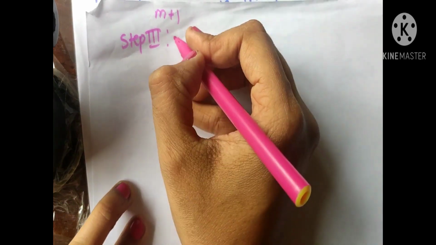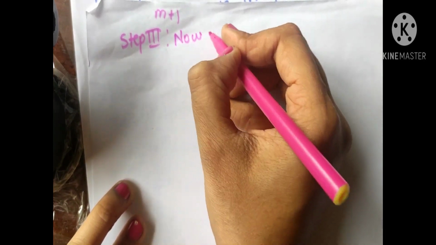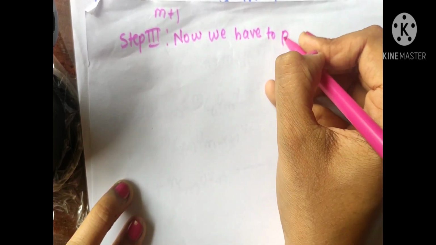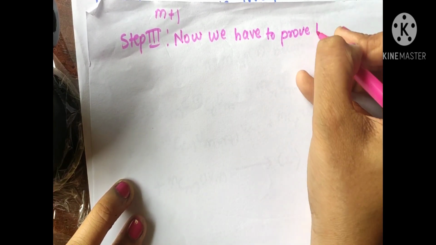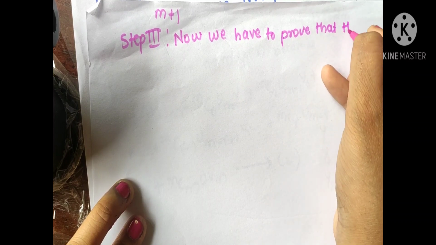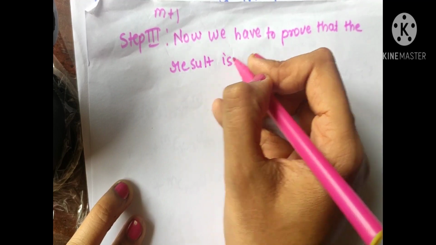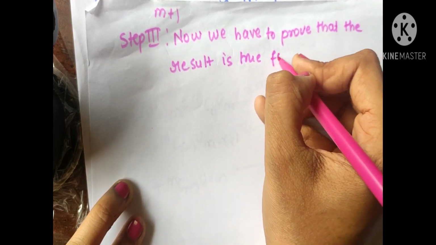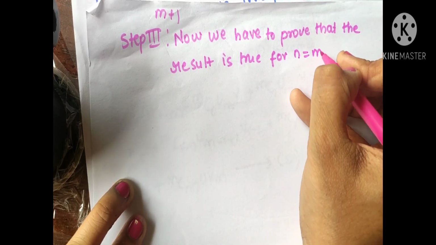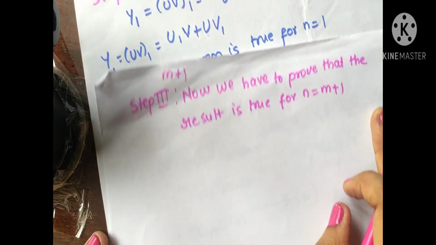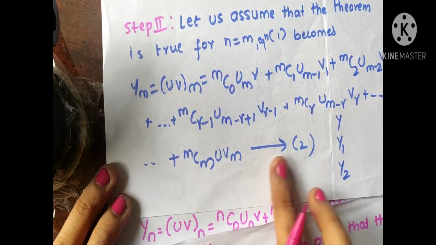So what we'll do? We'll differentiate. Now we have to prove that the result is true for n equal to m plus 1. So to prove the result is true for n equal to m plus 1, what we'll do? We'll differentiate equation 2.